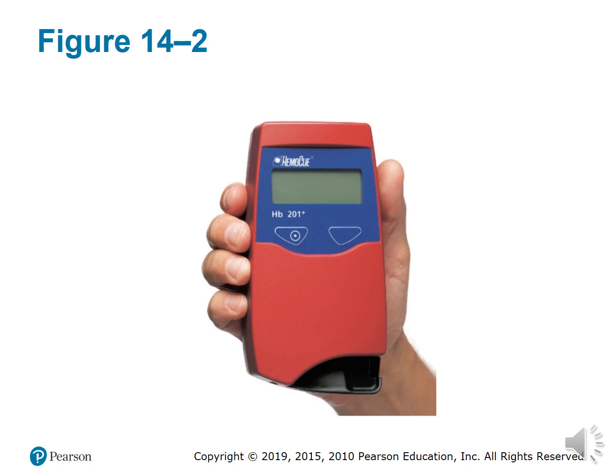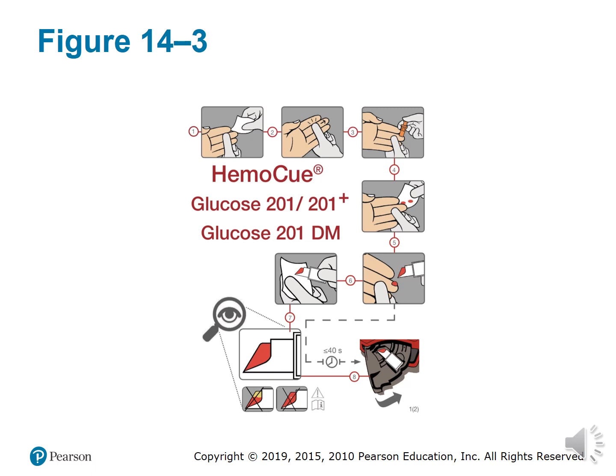It's a little more high tech, and instead of using test strips, it uses microcuvettes to collect a blood sample. Figure 4.3 explains how to obtain blood using a microcuvette for the HemoCue Glucose 201, 201 Plus, or 201 DM.